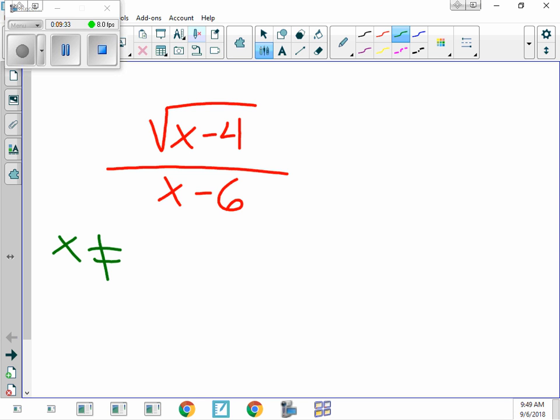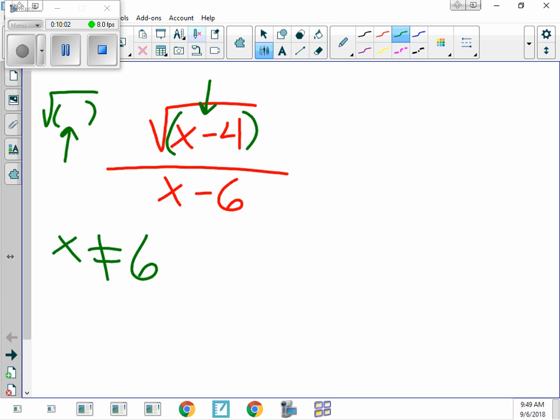X is not allowed to be 6. And then for this piece, whenever you have a square root and you want the domain, there's a really easy way to do it. Whatever this is, in every square root, what do I know about that number? It has to be 0 or bigger, right? If it's smaller than 0, then I get an i.